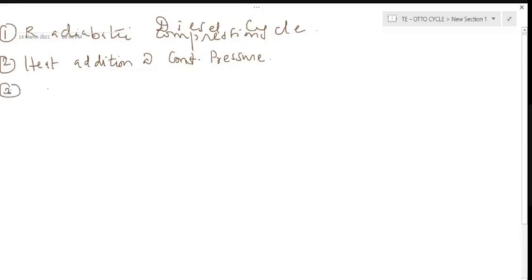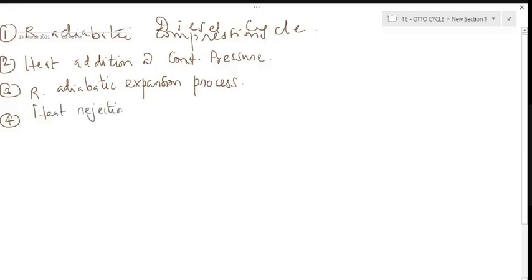And the third process, again we are considering a reversible adiabatic expansion process. The fourth one is heat rejection, which takes place at constant volume.